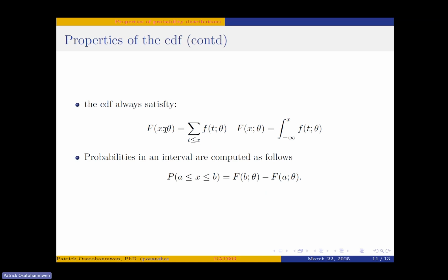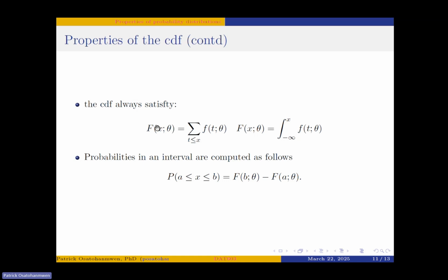Now, the CDF also always satisfies this relation here. For the discrete case, F of x is the same as summing the probability for t less than or equal to x, or we are integrating the probability from minus infinity to x in the case of the probability density function. What does this mean?